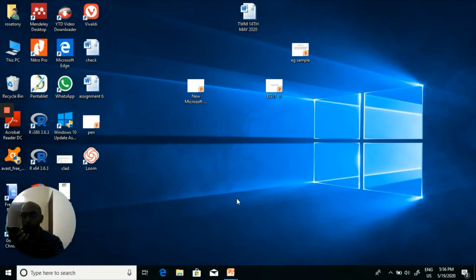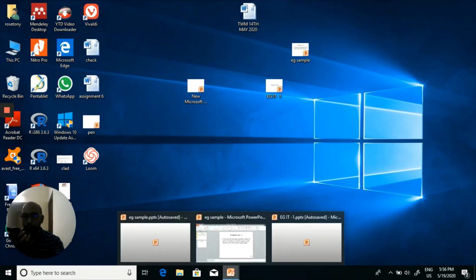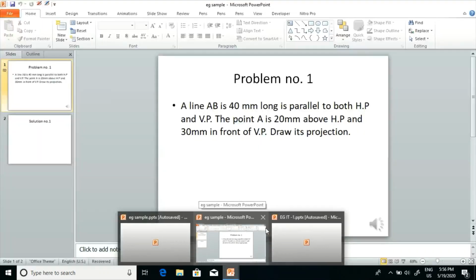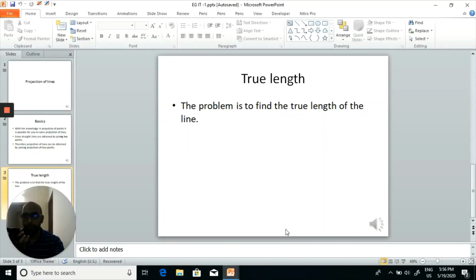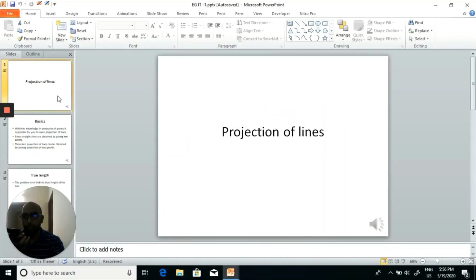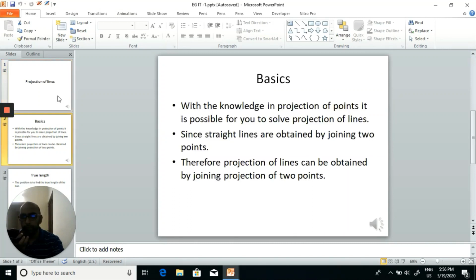How to do projection of lines. So I have already taught you projection of points.